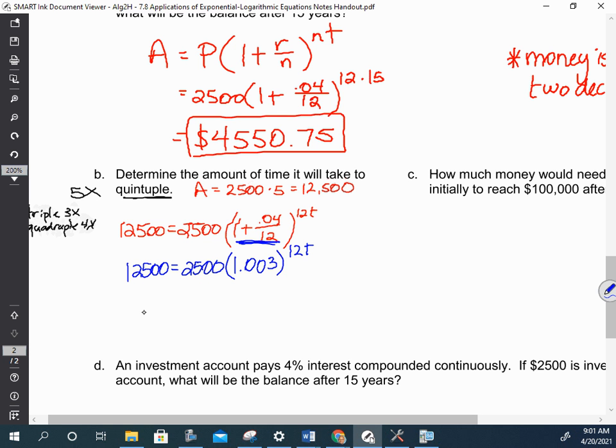Your exponent has the variable, which means this is an exponential equation. We're going to have to rewrite it, but we can't rewrite it until one of these numbers goes away. The 2,500. You can't multiply those because this has an exponent attached to it. So 2,500 has to go. Divide both sides by 2,500.